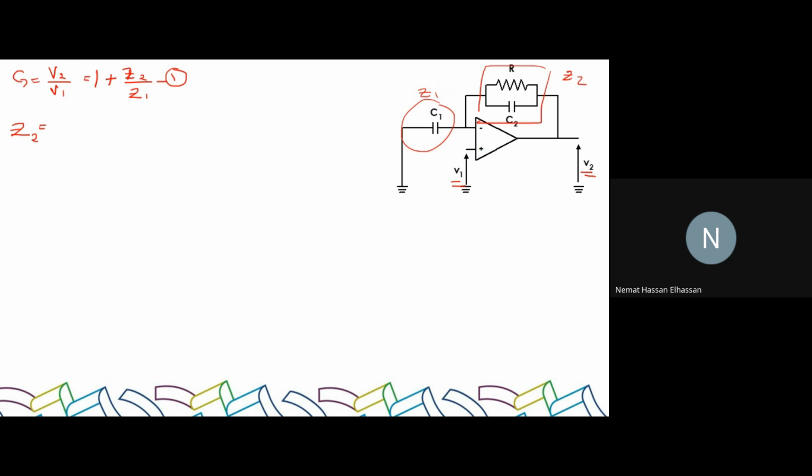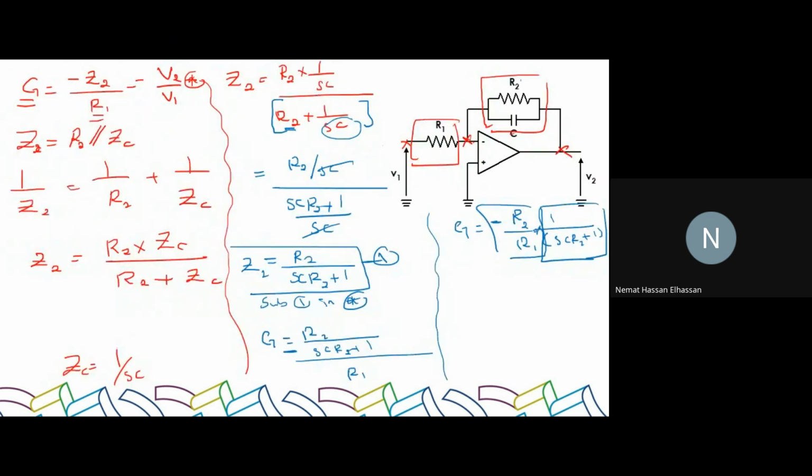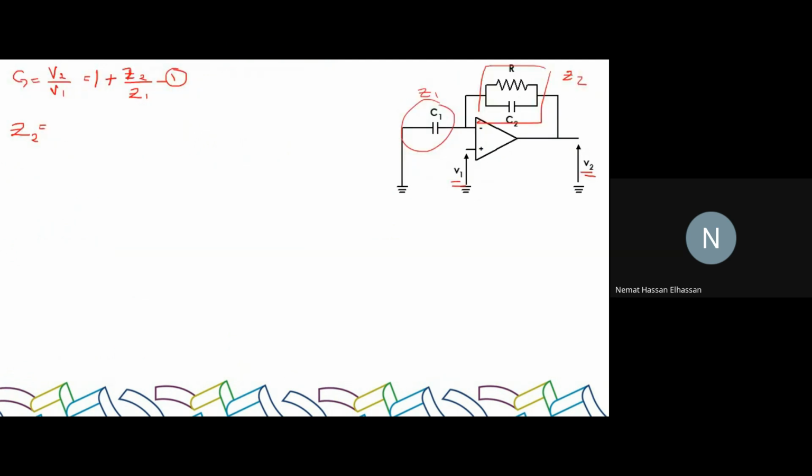Z2 is a resistor and capacitor C2 connected in parallel, right? Sorry, in parallel. We calculated it in the previous example, but to save time, we calculated it to be equal to R over SCR plus 1, right? It's the exact same. A resistor and a capacitor connected in parallel: R over SC2R plus 1.